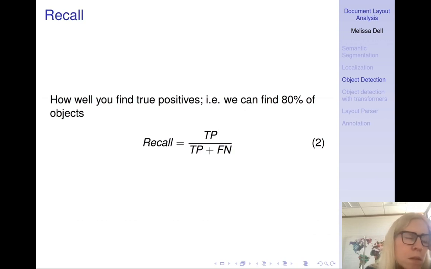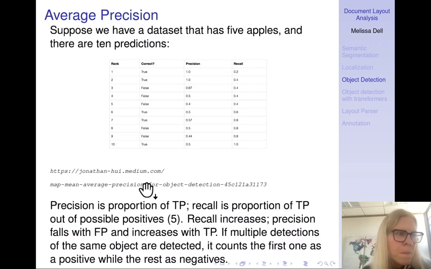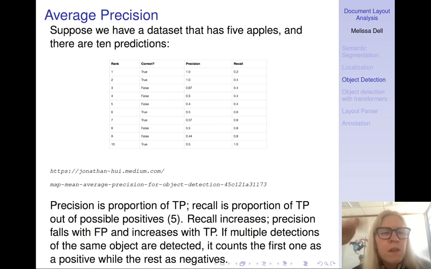Okay, so how well you find true positives is going to depend not just on your precision, but also on your recall, which is true positives over all the positives, which are your true positives plus your false negatives. And so suppose we have a data set that has 5 apples and there are 10 predictions for it. And so we sort them in order of their probability.